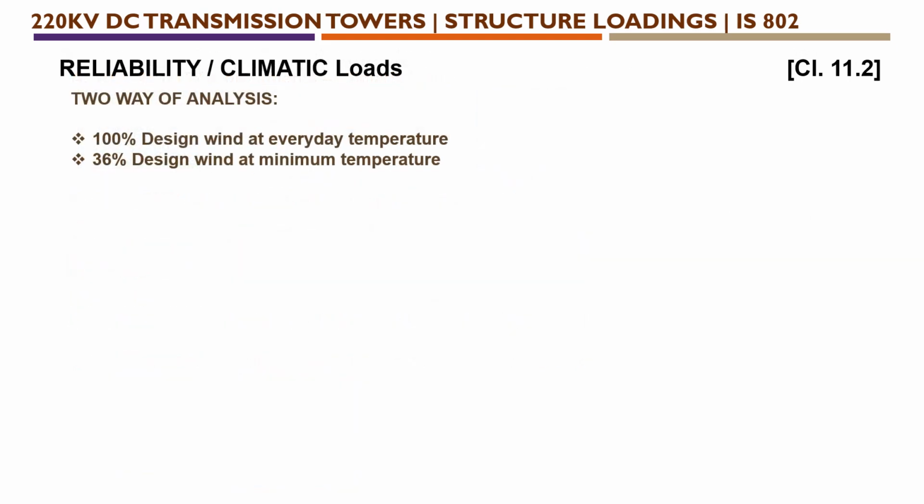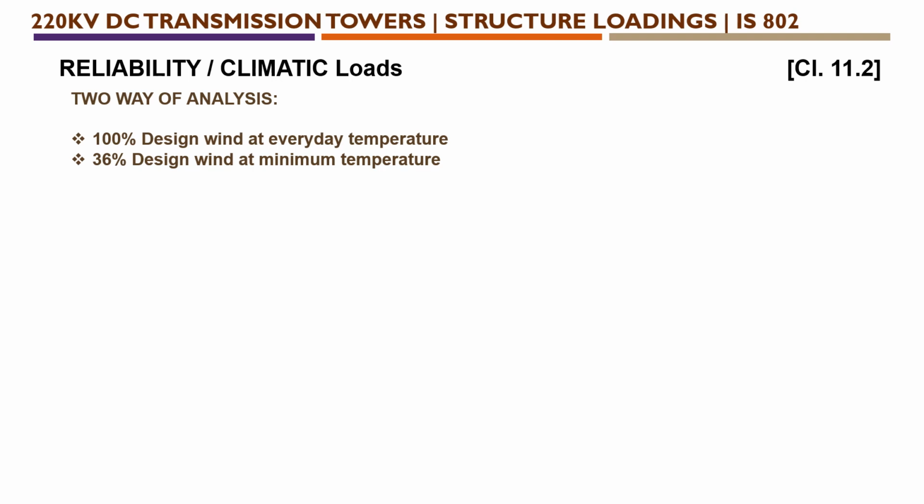First one is reliability or climatic loads. In this, we need to do a two-way analysis. One is to consider 100% of design wind with everyday temperature. For example, in India, in most cases the everyday average temperature ranges from 25 to 34 degrees Celsius, which is on the positive side.